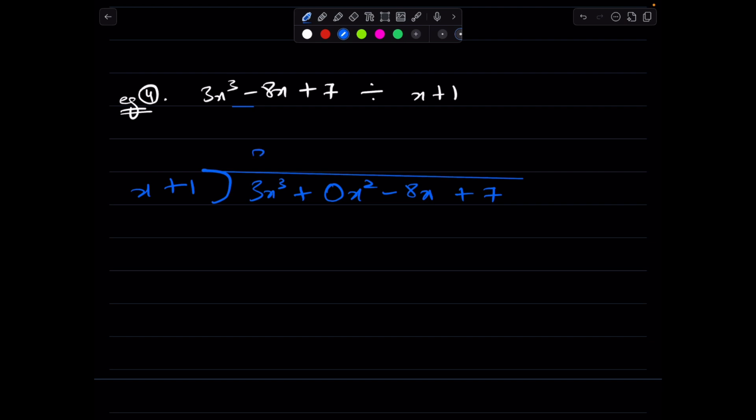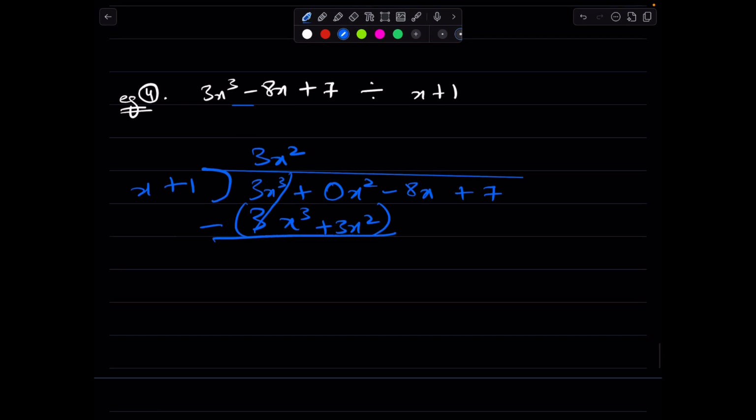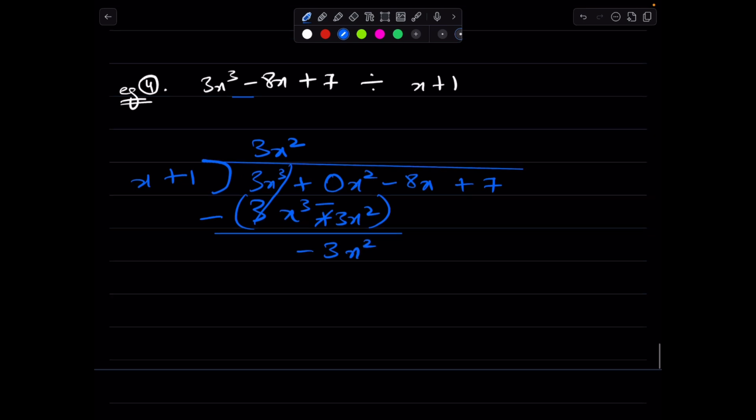We'll do the same thing now. 3x square here and 3x cubed plus 3x square. We'll subtract the whole thing. 3x cubes cancel out and we have a minus 3x square here. We'll bring minus 8x down and we'll multiply x plus 1 with minus 3x. So we have minus 3x squared and we have a minus 3x. We subtract the whole thing, 3x squares cancel out and the sign of minus 3x changes.